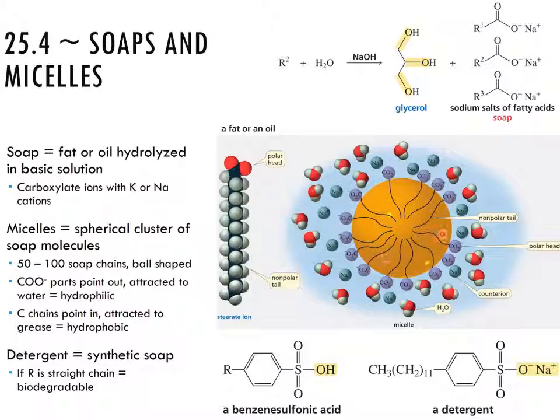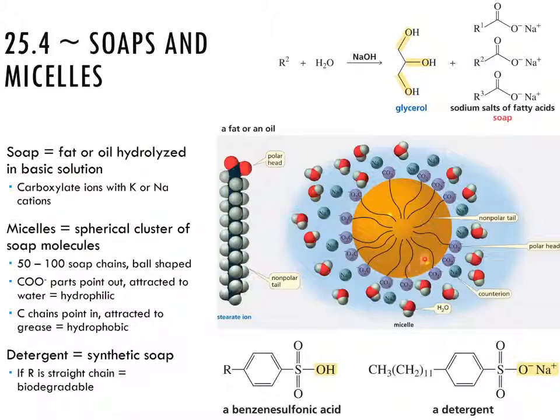The orangish blob here, that represents what you're trying to clean. So that represents the ranch dressing that was on your plate. And because the ranch dressing is kind of oily and kind of greasy, it doesn't get rinsed off just by water. So we have to use soap. And so the soap is acting as like a little carrier.